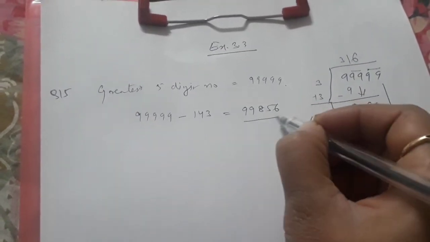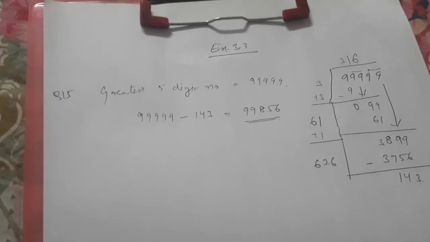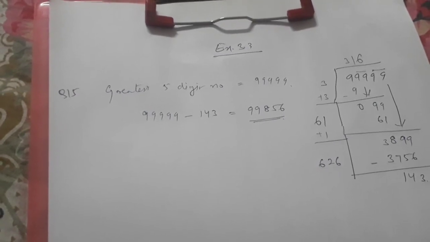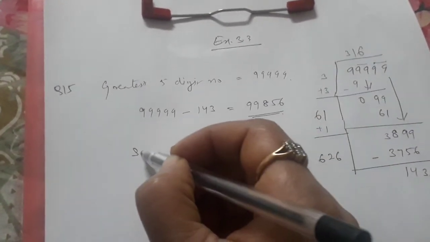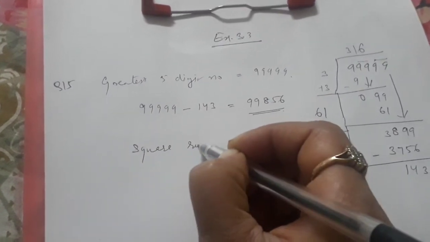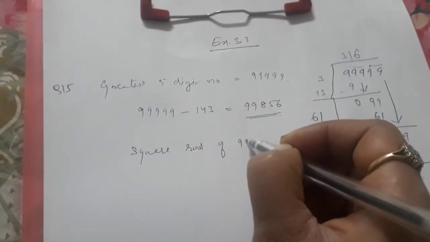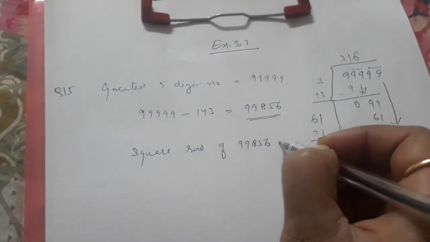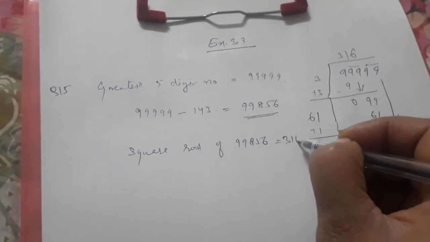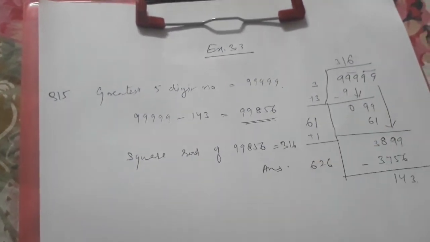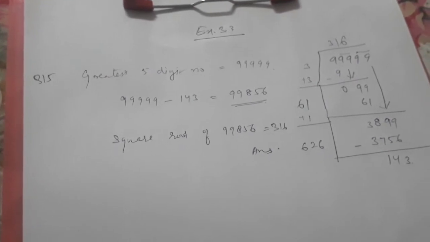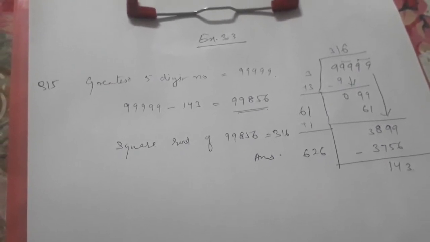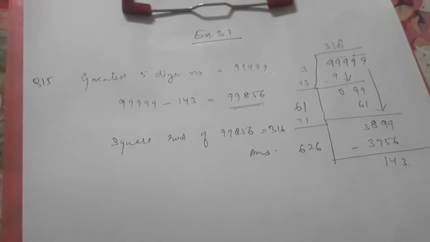So this is the 5 digit number which is also a perfect square, and its square root, the square root of 99,856, is 316, which is our answer. I hope question number 15 of exercise 3.3 is very much clear.